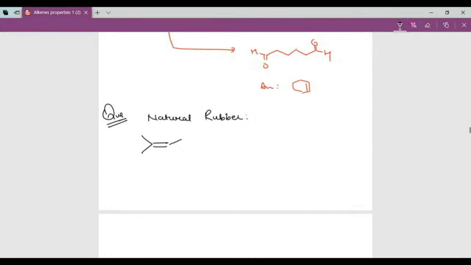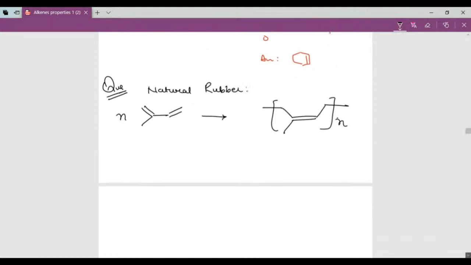Now this 2-methyl-1,3-butadiene is called isoprene. When it polymerizes, it polymerizes like this, n number of times such units repeat themselves, and we have a polymer of this type of structure.